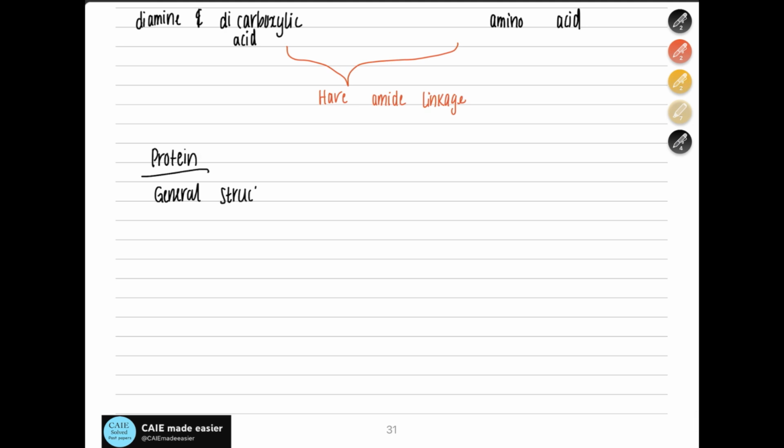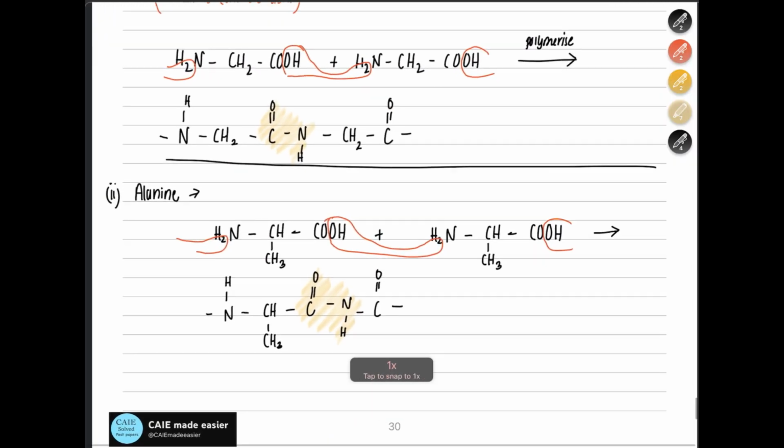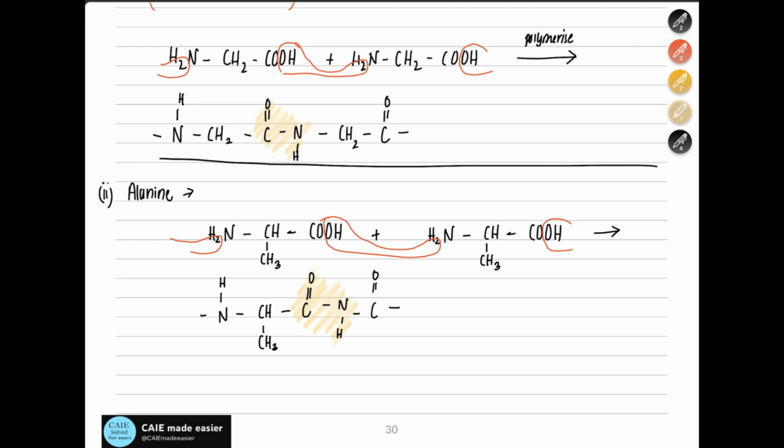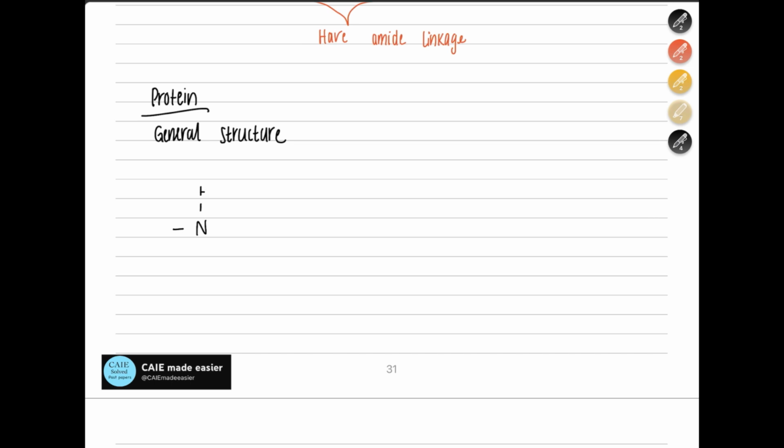Now, one more thing I want to discuss about protein is the general structure of protein. So let's go up and look at our examples. We can see that here it has an amide linkage, right? And then it has its carbon. It could be different for every protein. This is how the chain goes. So we can write it like this: NH, and then we have one set of carbon molecules, and then we have our amide linkage, CONH.